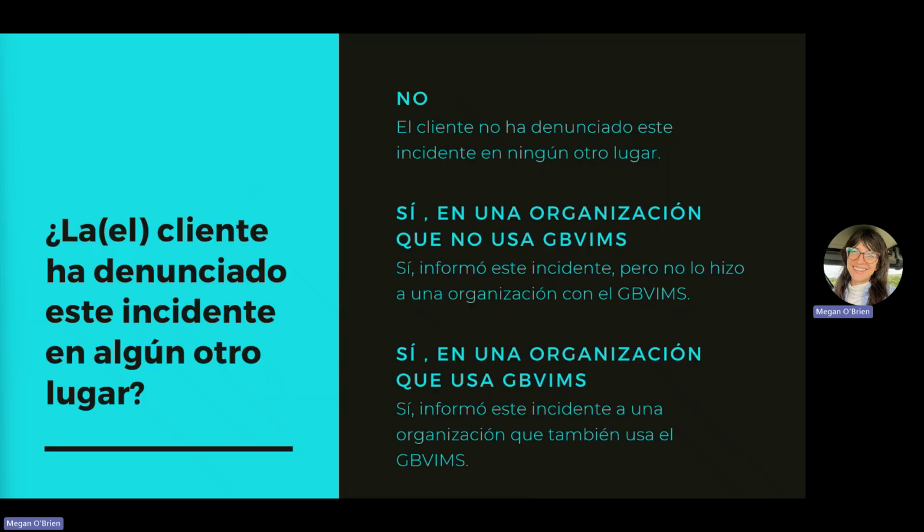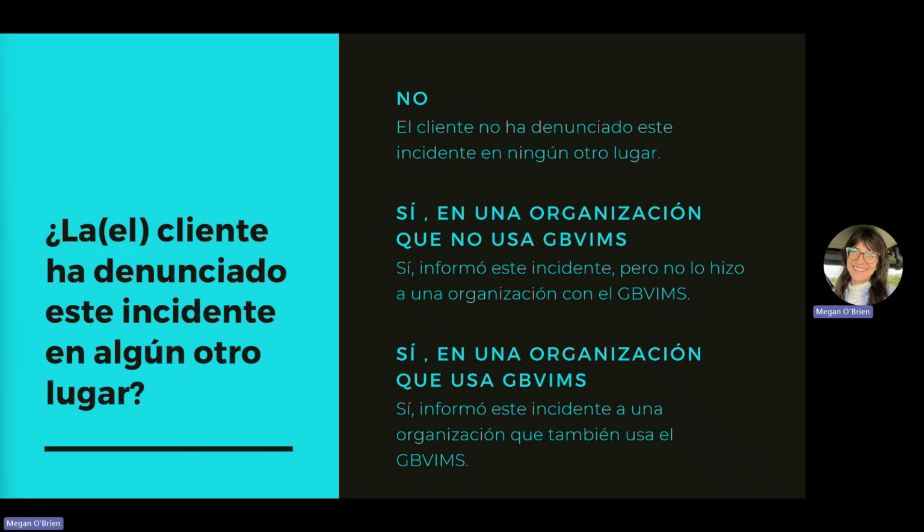There's a question as well on if the client reported the incident anywhere else. And this is helpful when it comes to making sure that data collected and reported is not duplicative. So here you can say no, the client has not reported this incident of violence anywhere else.